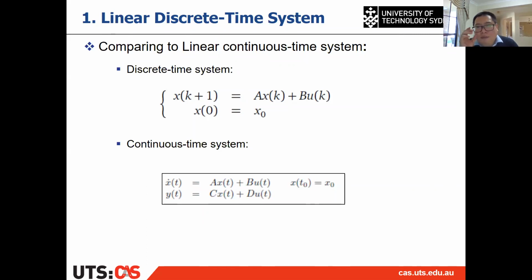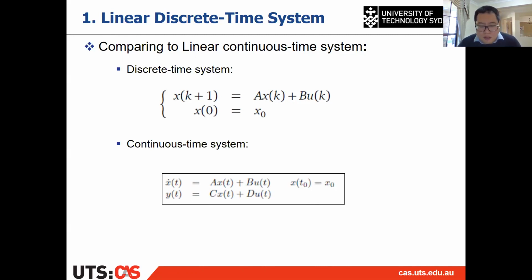So if I give you a question in the final exam or in quiz 2, the first thing is you need to check if it is a continuous time system or a discrete time system. If it's a continuous time system, you use the methods and criteria for the continuous time system. If it is a discrete time system, you use the methods and criteria for the discrete time system.